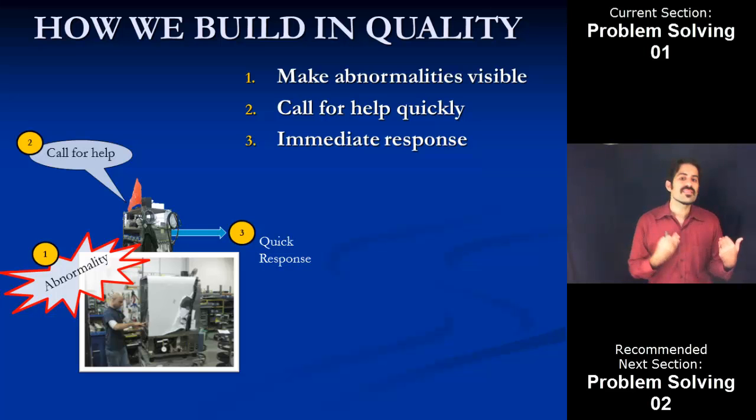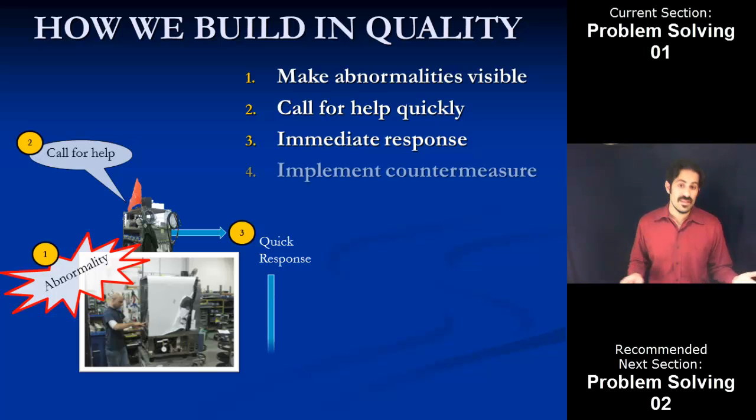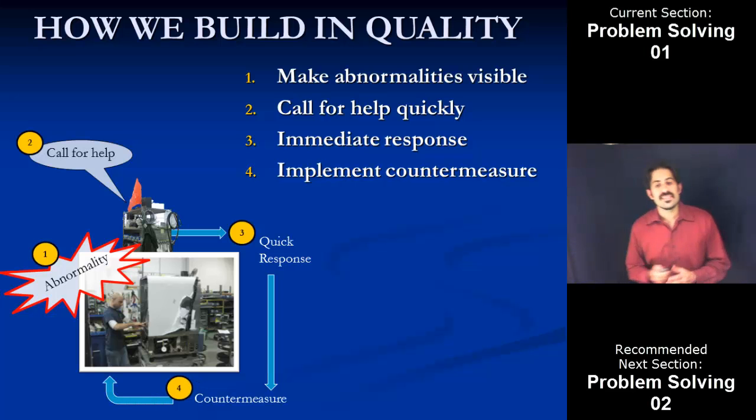Beyond that, the response to that call has to be immediate, right? If it takes 4 hours for someone to come help with this, I think everyone knows what happens in that case. Either people will just stop calling for help, or they'll just shut everything down and we won't get anything done all day. And then the last thing is we want to have a quick way to implement the countermeasure.